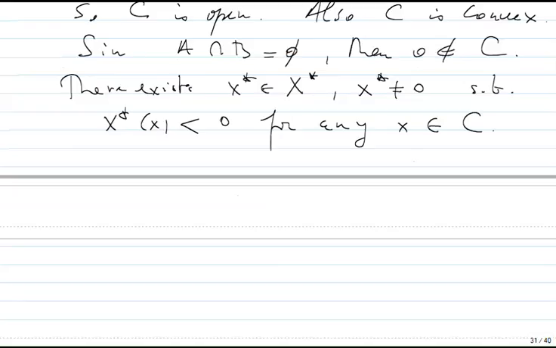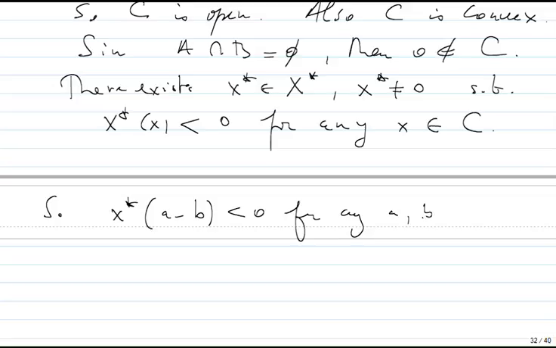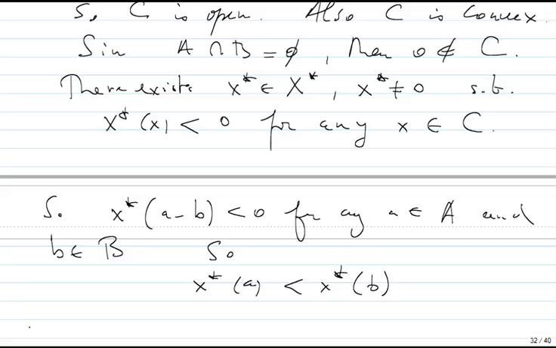So x star of a minus b is less than 0 for any a in A and b in B. So x star of a is going to be less than x star of b for any a in A and b in B. Okay?